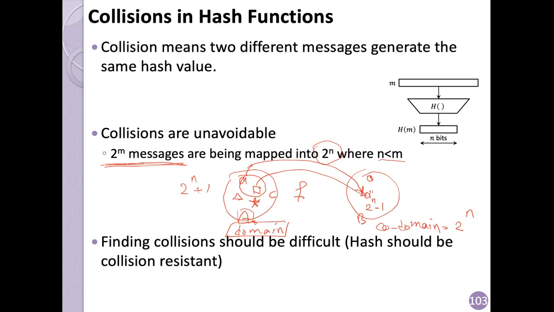So in the example I just drew, the element A and the element square make a set. This set is going to be a subset of the domain, which we called A, and we call this subset a pre-image subset, because these two elements are going to be mapped into the same thing.